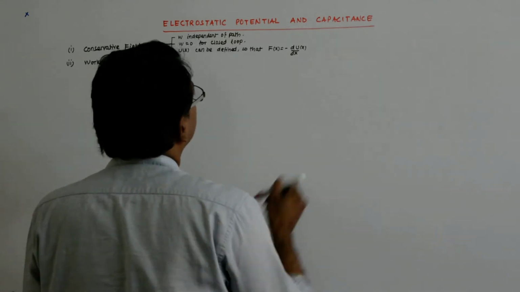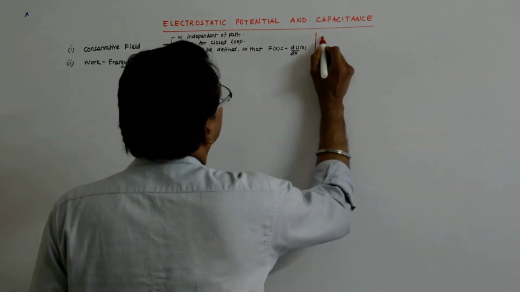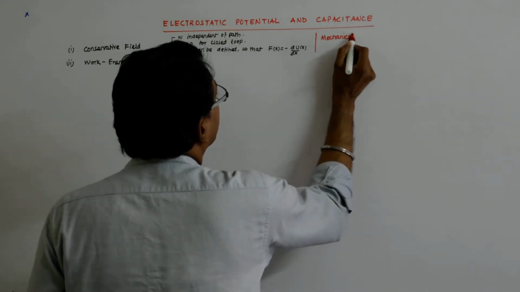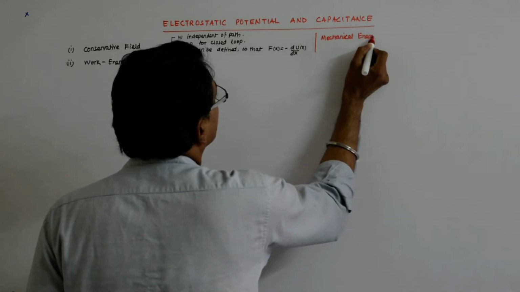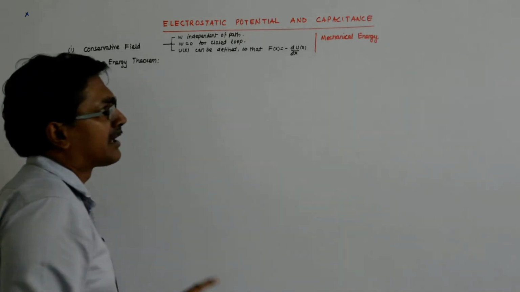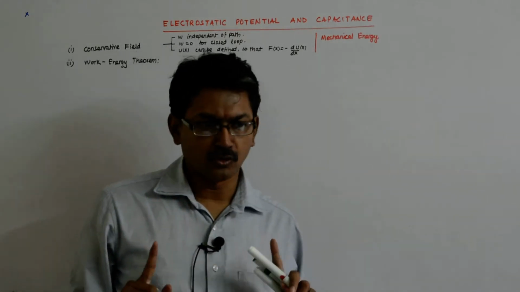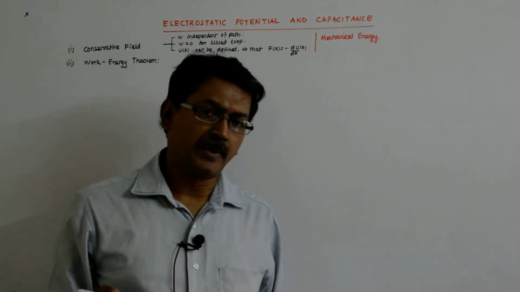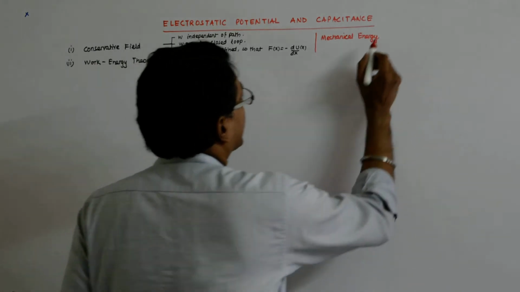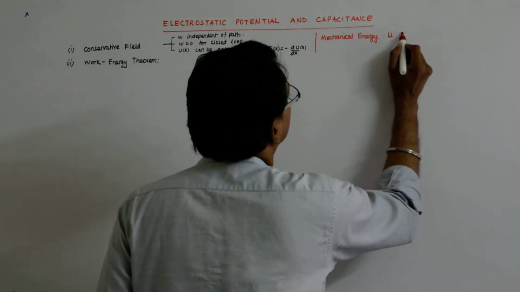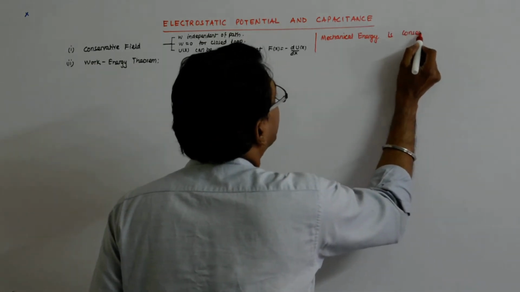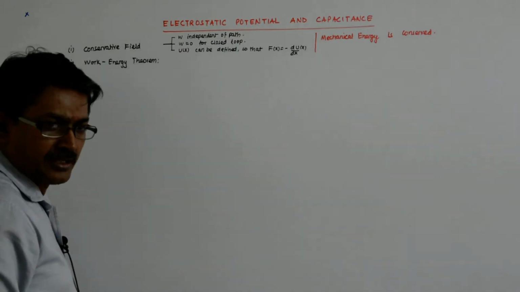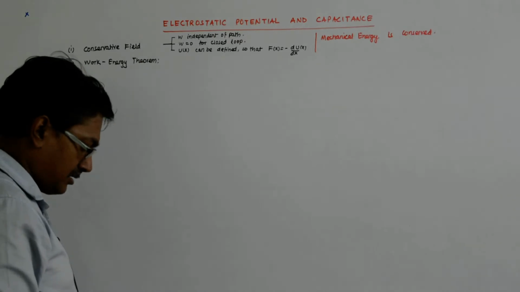So fallout of this is that the mechanical energy, this we have done in the class 11th video, so if you want to know it in greater detail or go into the proofs of it, you can go back and refer to that video. Okay, so mechanical energy is conserved. And what is mechanical energy? Kinetic and potential.